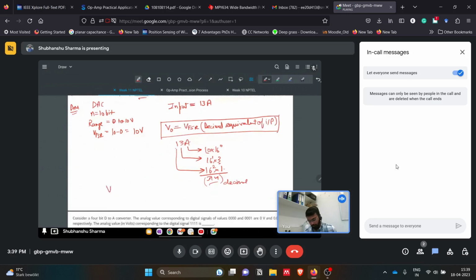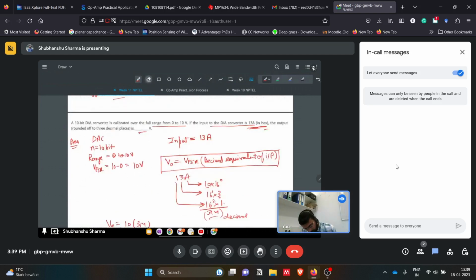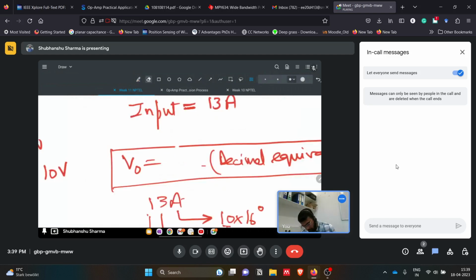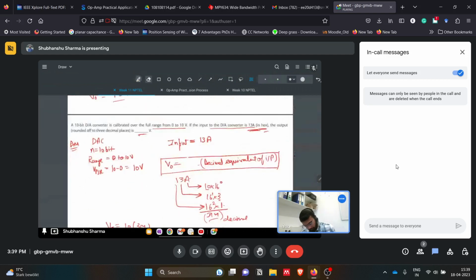So V naught will be what? VFSR we know, 10 into 314. One correction, this is basically resolution into the decimal equivalent of input.